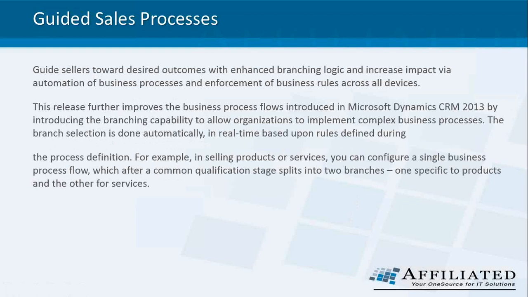Now what Microsoft has done in 2015 allows you to have different guided processes based off of data in the sales process. So if you're selecting a specific product, now based off this product, I can build a complex tree.